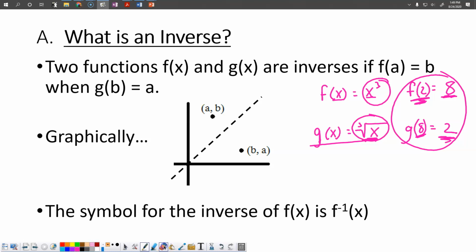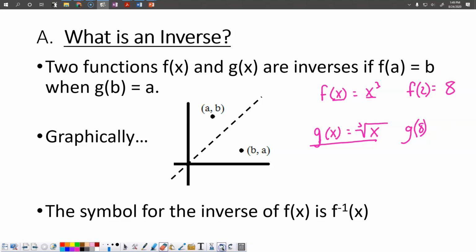Now, whenever you find two functions that are inverses, like this example of f and g, instead of calling the other one g, we could call it f with a little -1, meaning inverse. That way, we know that they're inverses of each other.